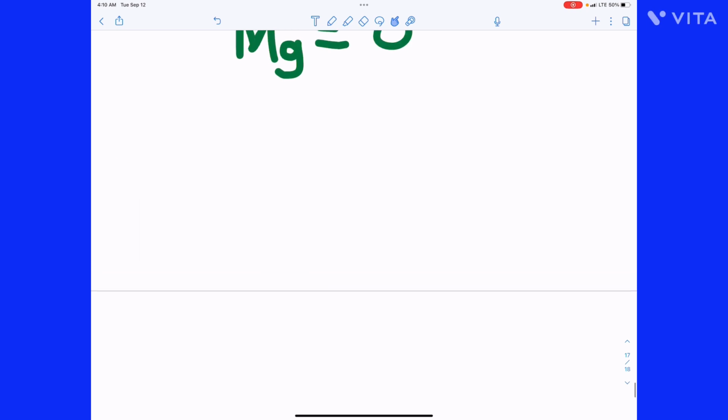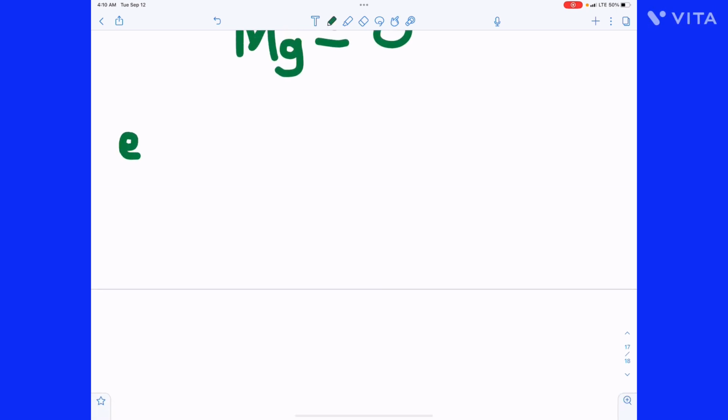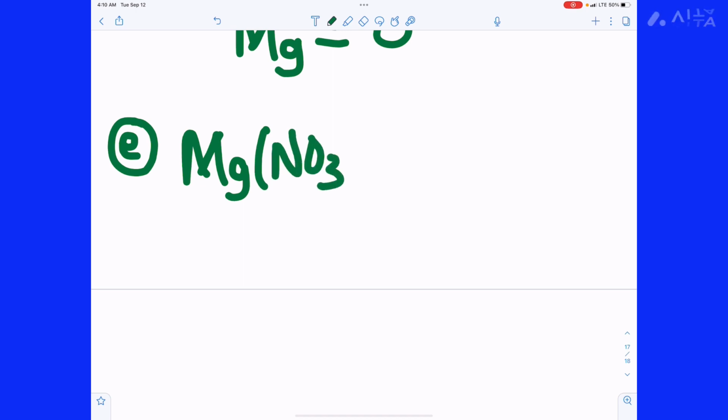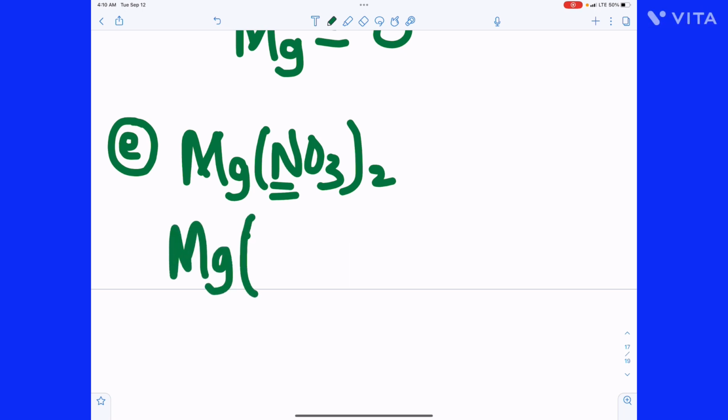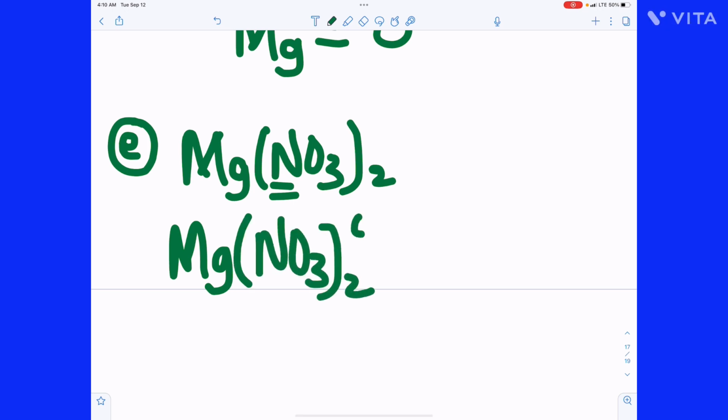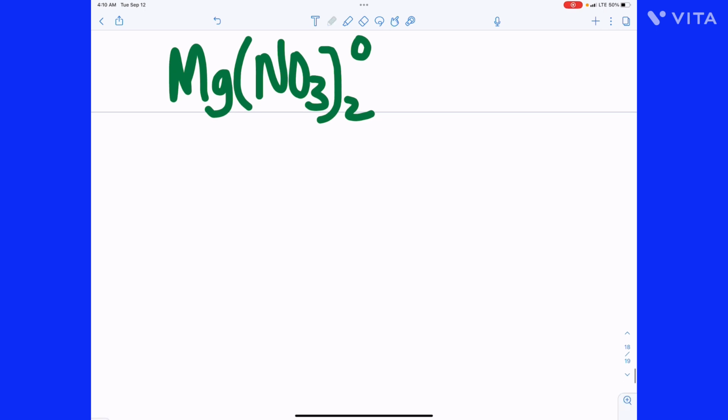Let me just leave that and write another E. MgNO3, take this as a bonus. So in MgNO3 we have to find the oxidation number of N. This is the same thing as MgNO3 0. The total charge on the compound is 0.